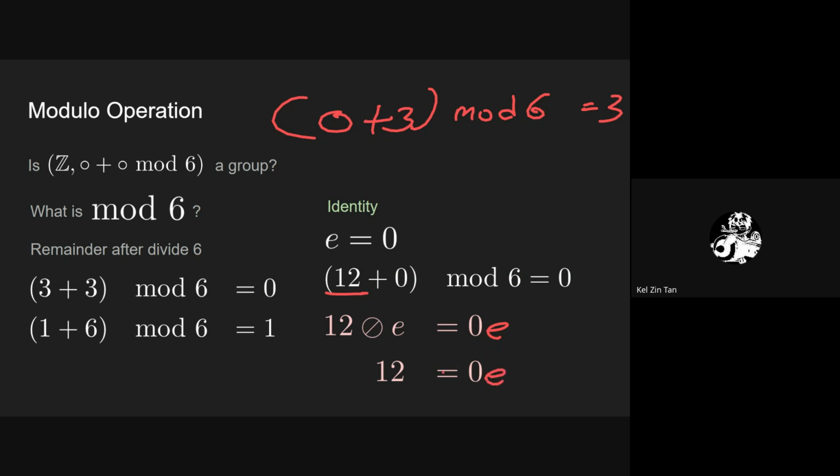But does it make sense? If we take it from counting theory, this is actually saying that 12 things is equal to 0 things. So 12 bananas is equal to 0 bananas. Then our identity property is not satisfied. How can 12 be equal to 0? Even if I put e equal to 0, how can this be true? So this is actually not a group.